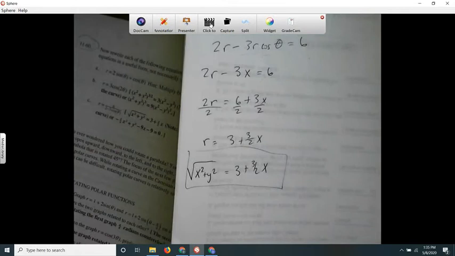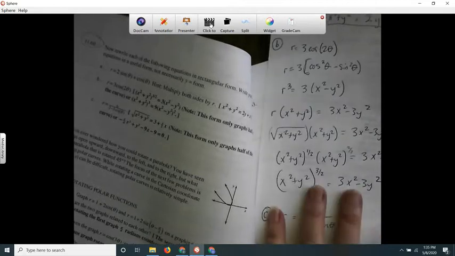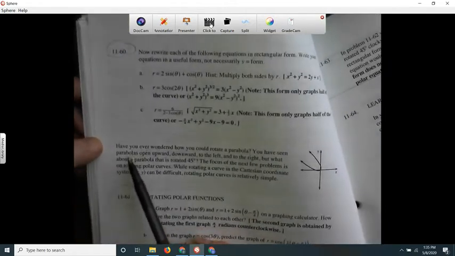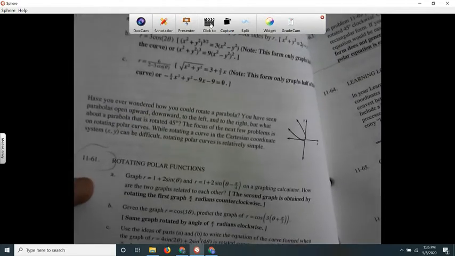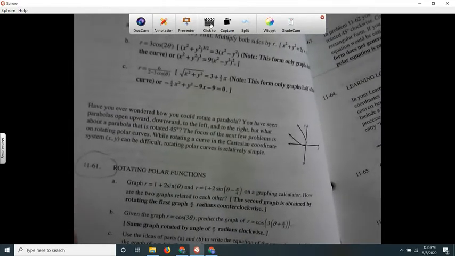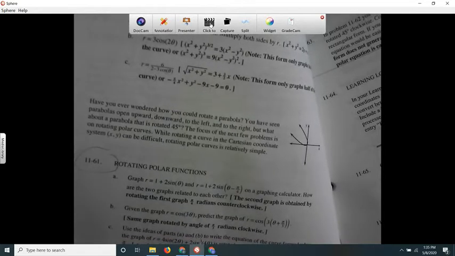So that was 11-60. Now let's read 11-61. I think we're going to be able to do a lot of it on Desmos. It says, have you ever wondered how you could rotate a parabola? You have seen parabolas open upward, downward, to the left, and to the right, but what about a parabola that's rotated 45 degrees?